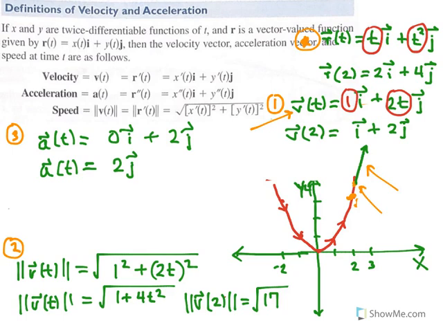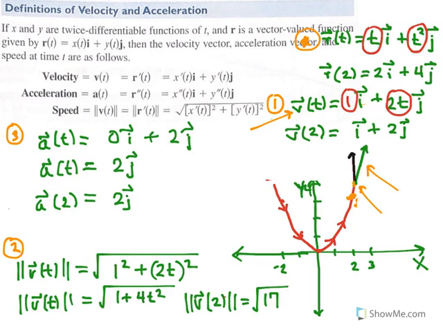So the acceleration vector at time t is equal to 2 would be 2j. And if I wanted to represent that, here's what I would draw. There is no horizontal component of the acceleration, only a vertical component of the acceleration. And it would look something like this.